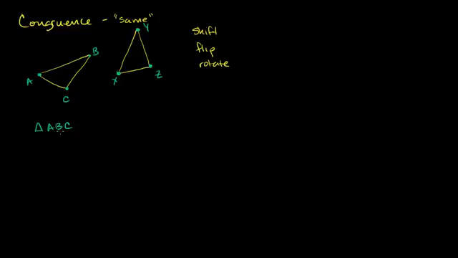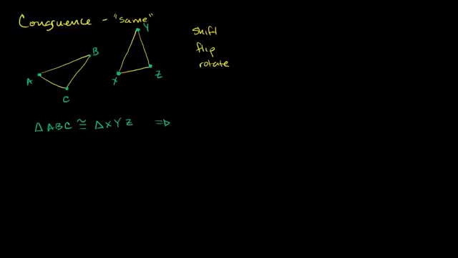Let me write it a little bit neater. So we would write it like this. If we know that triangle ABC is congruent to triangle XYZ, that means that their corresponding sides have the same length, and their corresponding angles have the same measure.